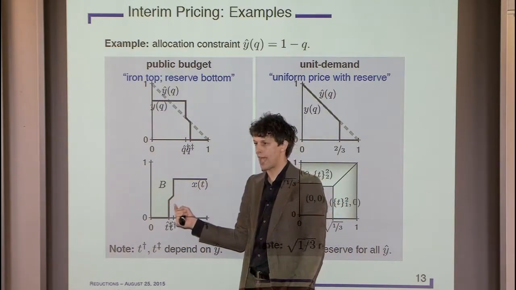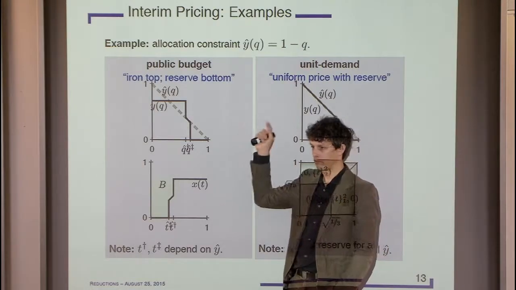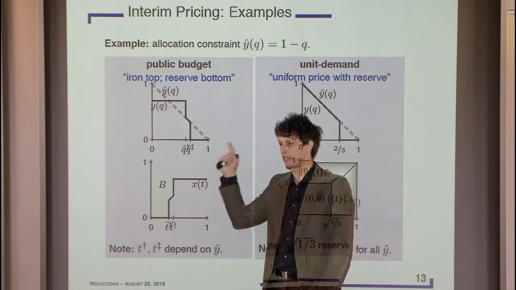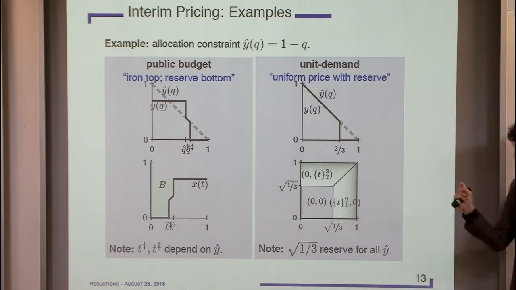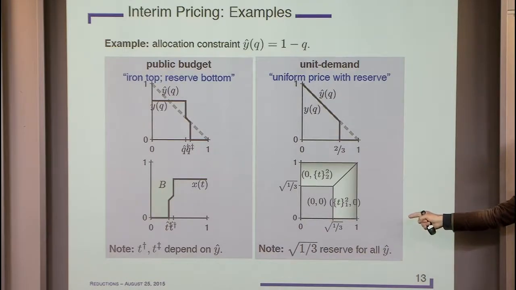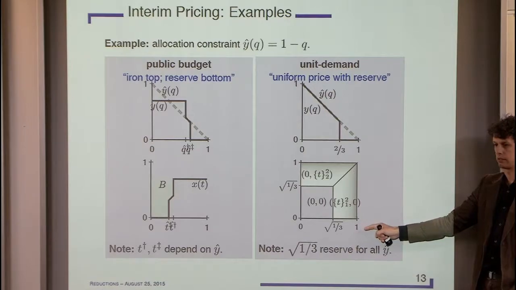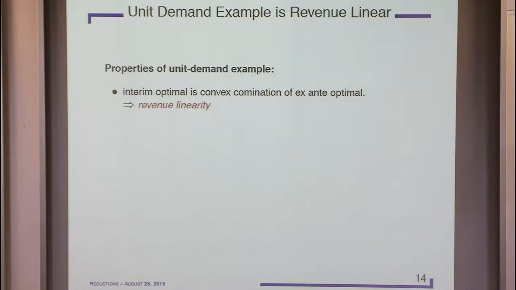If I give you a different y hat, you get the exact same structural picture, IR on the top, reserve price on the bottom, but the reserve price will be different and the ironing region will be different. Okay? That does not happen here. For every single y hat, you get the exact same reserve price.